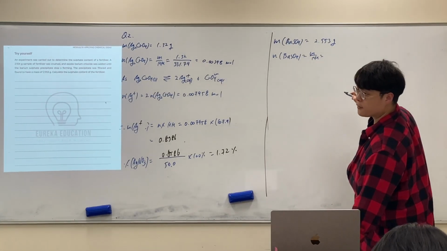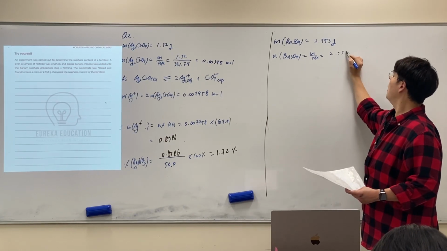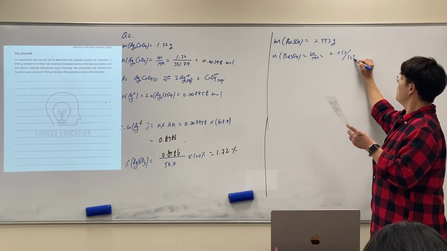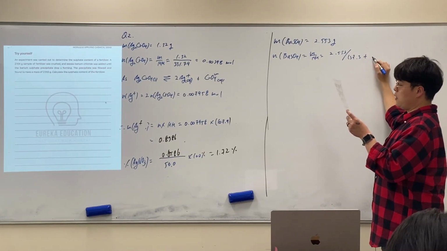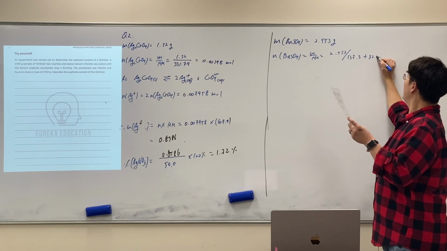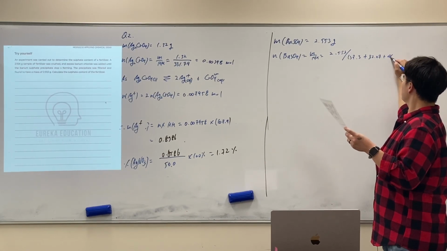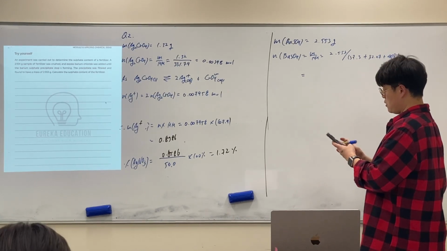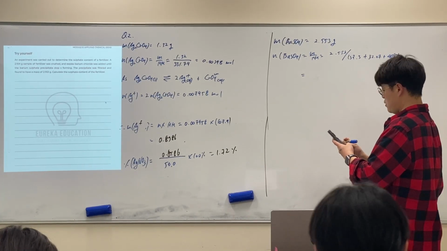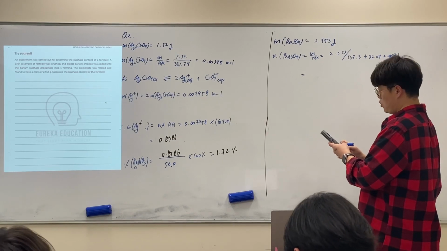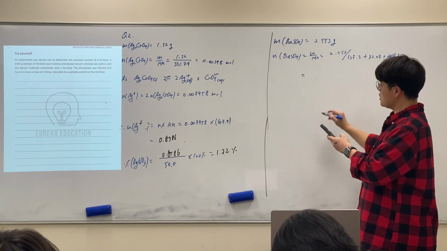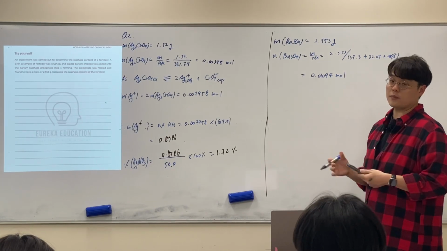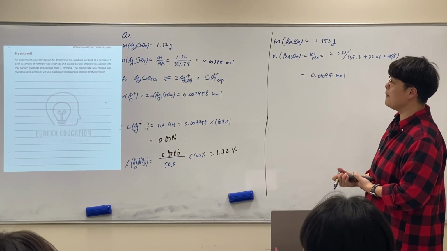That is 2.553 divided by the molar mass of barium, 137.3, plus the sulfur, 32.07, plus the 4 oxygen. Then 2.553 divided by that, you get 0.01094 mole of the barium sulfate present here.